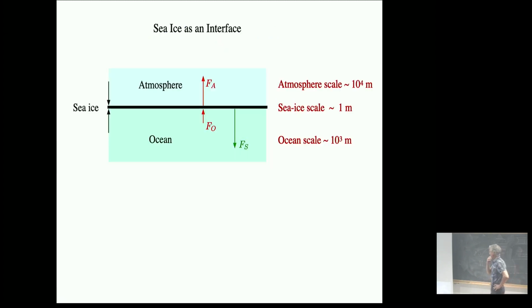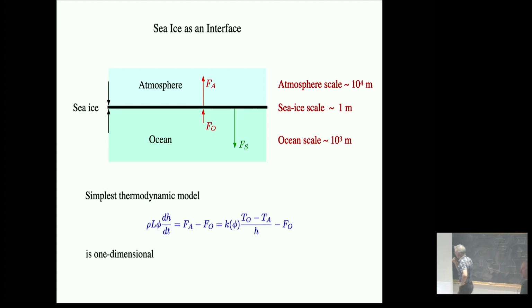So what we've learned a little bit in this course so far is that we can do a very good job of predicting the thickness of sea ice once we know its thermal properties. But we saw that sea ice is a mushy layer.